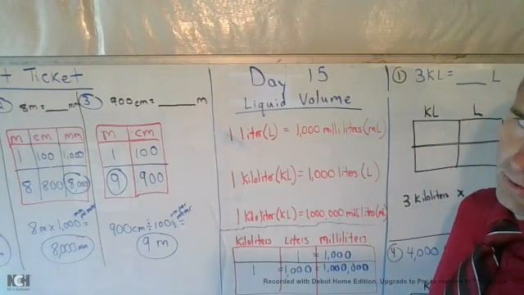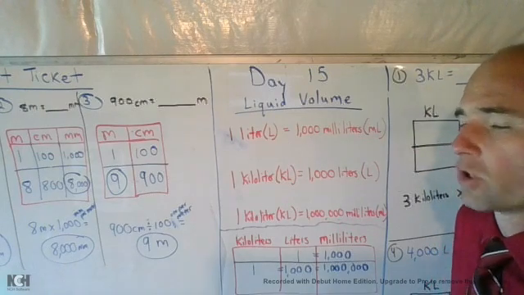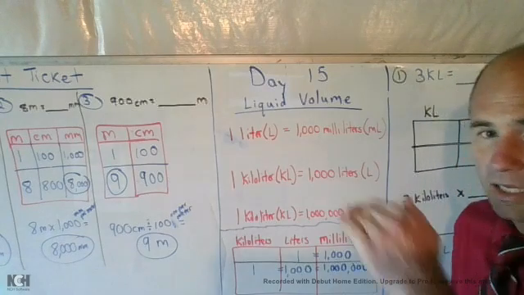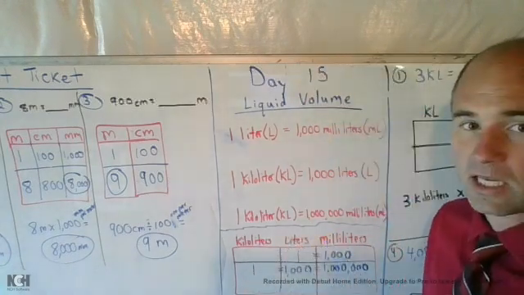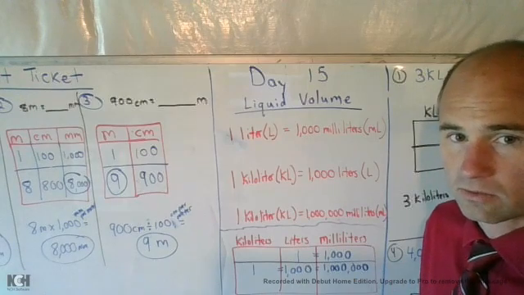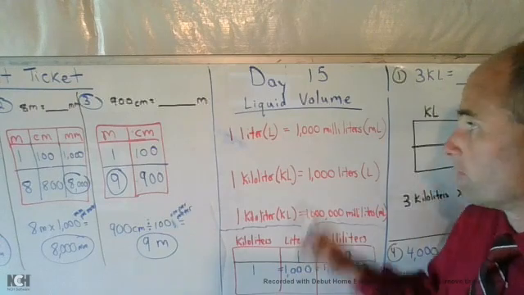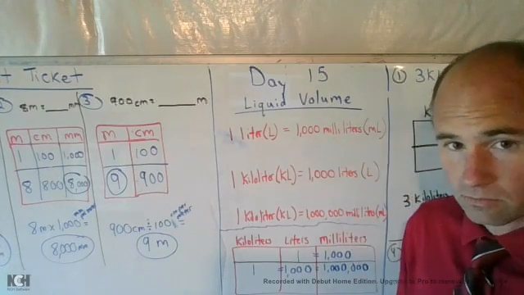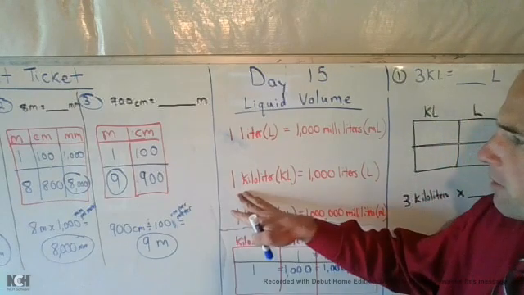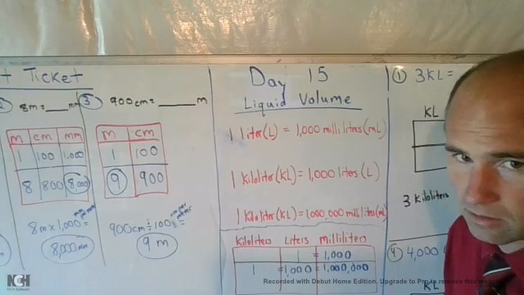Now we're familiar with liters probably from soda bottles, because a big bottle of soda is 2 liters. Therefore, it would be 2,000 milliliters of soda in that bottle. Now, something we never really hear of is kiloliters.